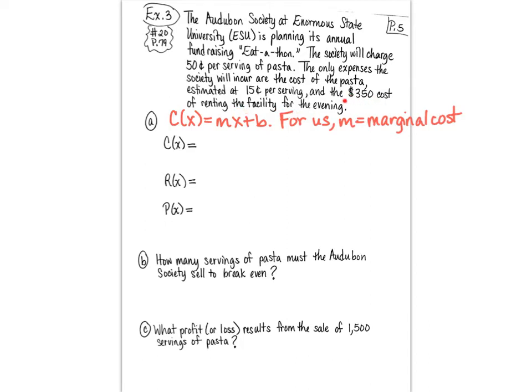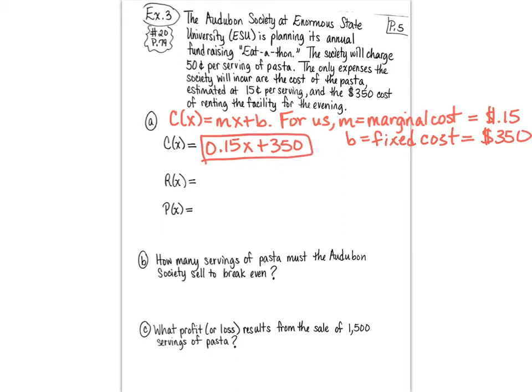So that's the fixed cost here. Okay, so that 350 will be b, but our marginal cost is the 15 cents. Okay, and our fixed cost is the $350 it costs to actually rent the facility. So putting that together, we get our equation for our cost function is 0.15x plus 350.